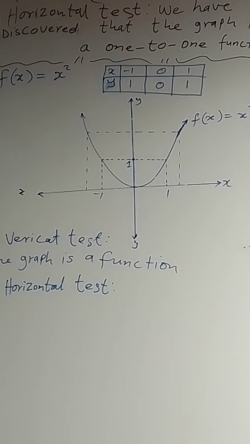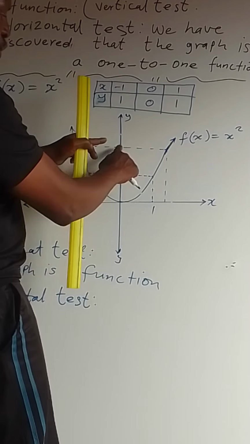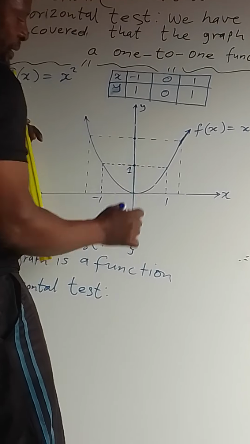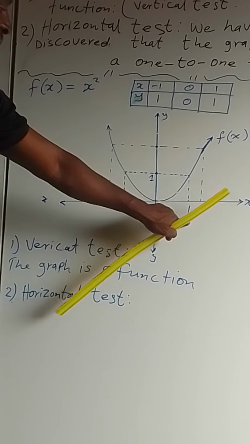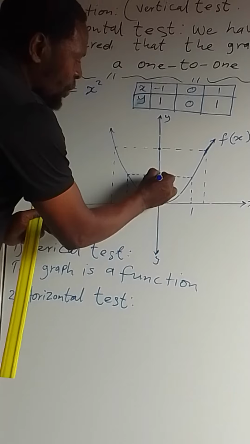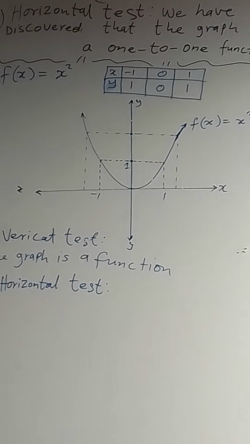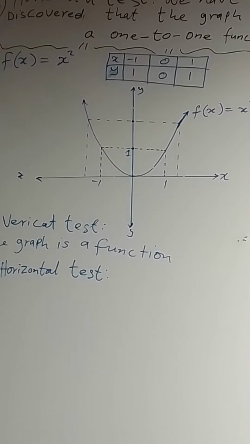It is not drawn to scale, but you can see that there are two values which are going to map only one value of y, and there are two values of x here in the lower case that are going to map one value of y. What does this tell us? This is a many-to-one function.